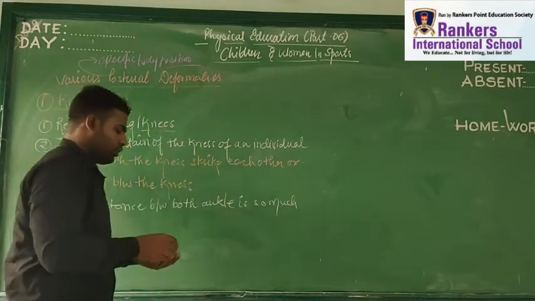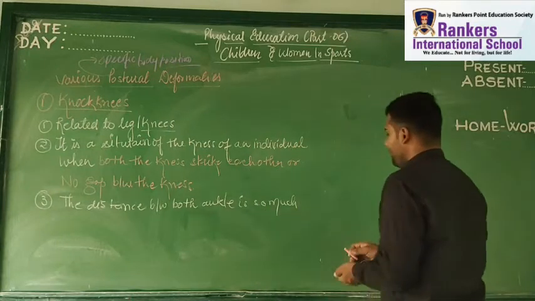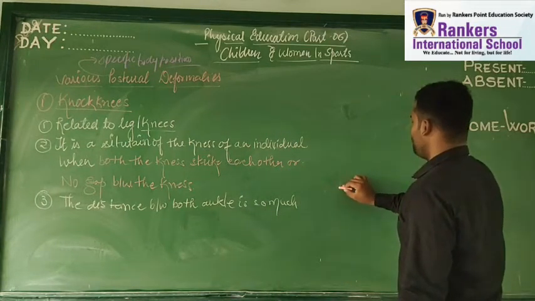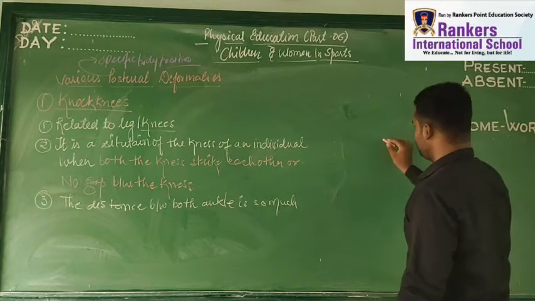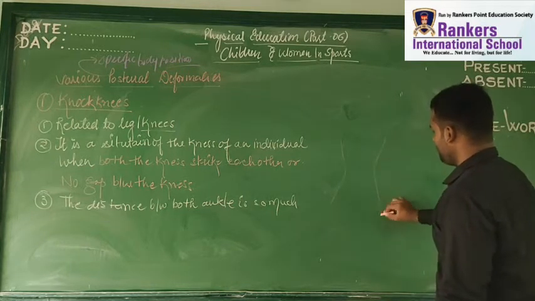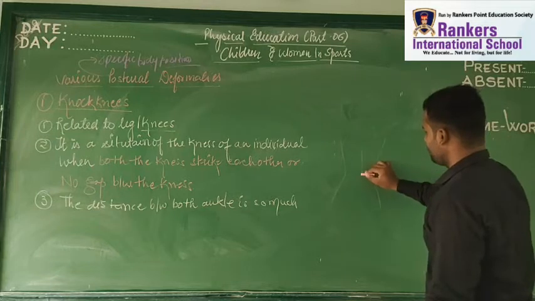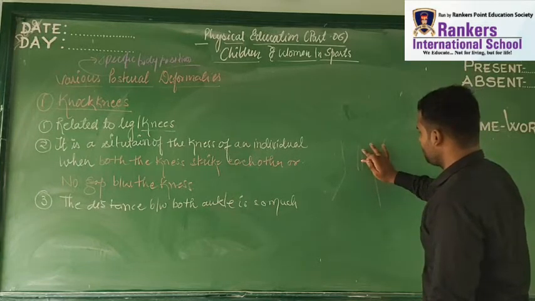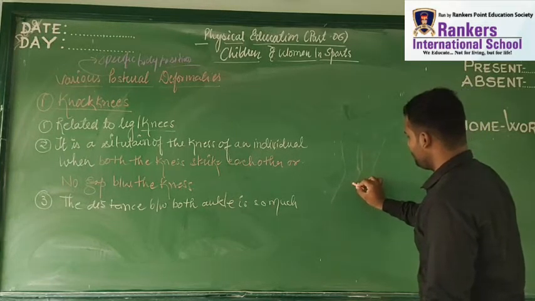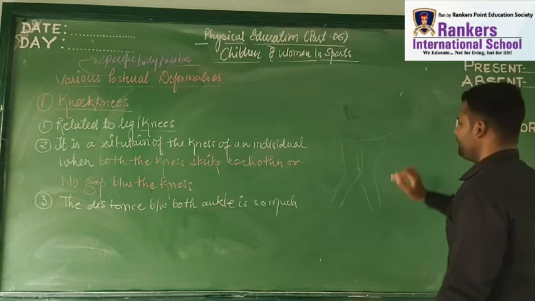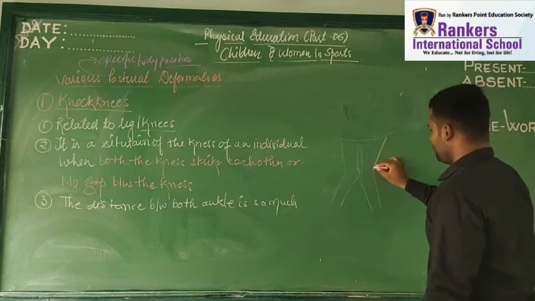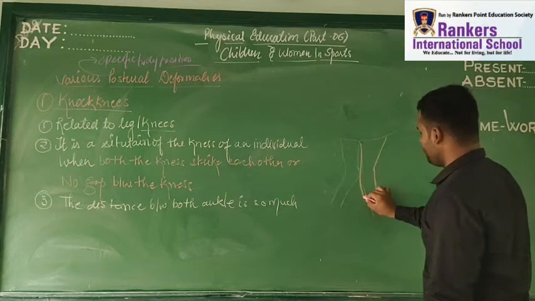Okay, now let's draw the diagram and understand what I want to tell you exactly. So let's suppose these are the legs. This is the knees and such a kind. It is a severe one that I am making. This is the severe condition of knock knee that I am making.